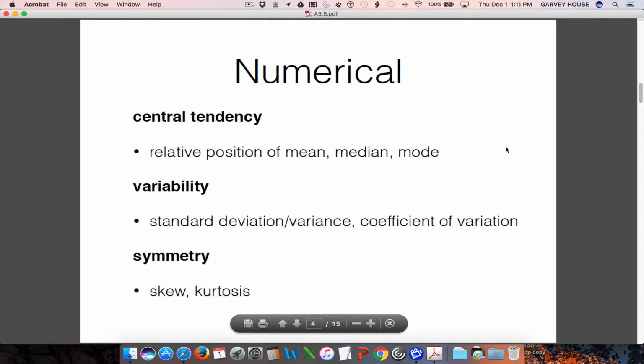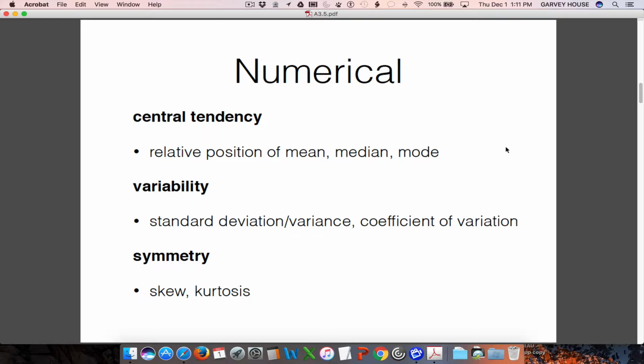So let's go into these aspects with a little bit more detail. As I mentioned earlier, in the numerical, you're going to look at the relative position of the mean, median, and mode. And what you may observe is that in a skewed distribution, the mean is going to be pulled in the direction of the skew.